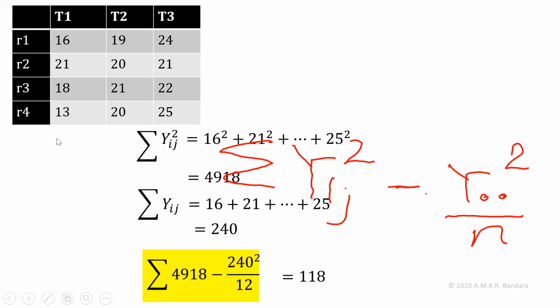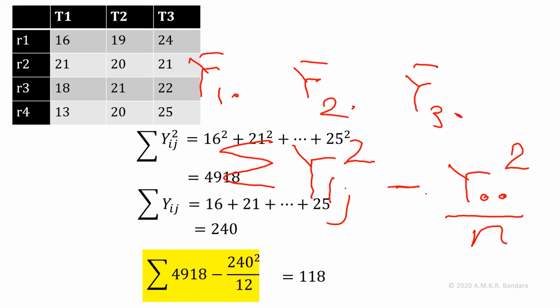Likewise, you can calculate the second treatment mean and third treatment mean. Then you will have 3 treatment means: y1 dot bar, y2 dot bar and y3 dot bar.